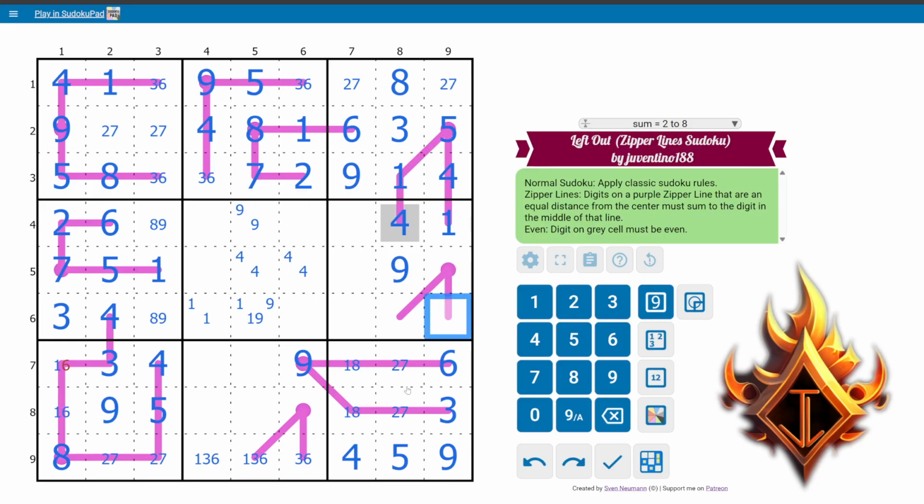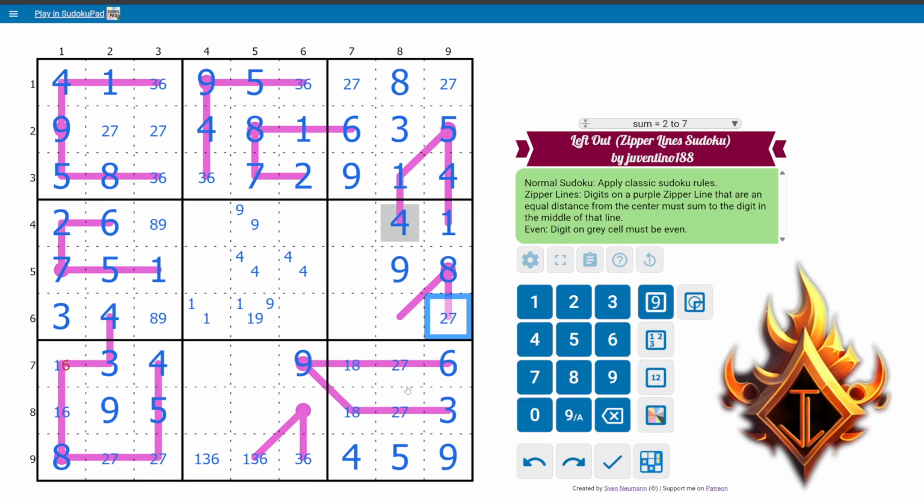This will have a 2 or a 7 on it. The 7 cannot be here. Oh wait, what else is missing? An 8. These are 2, 7, 8. This can obviously not be 2. So it must be 8.